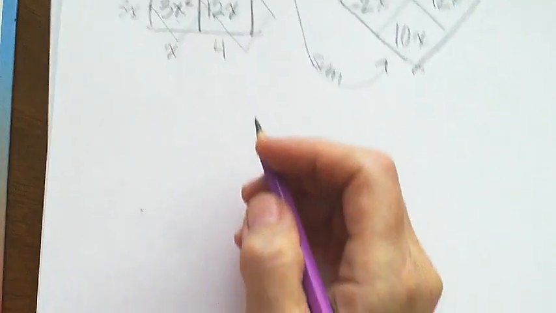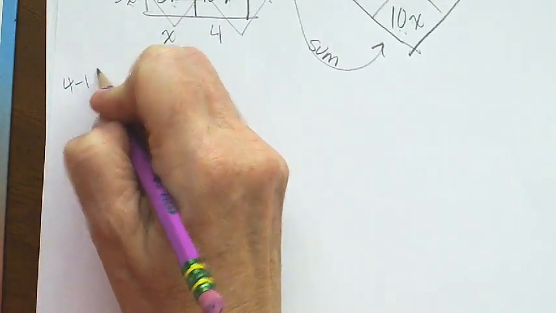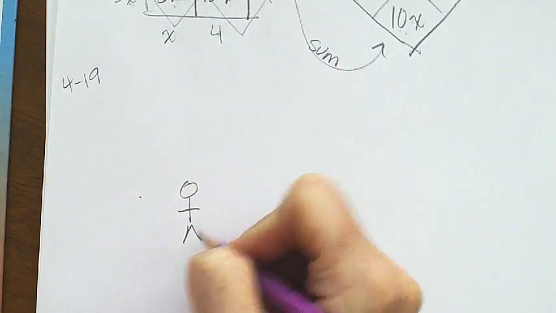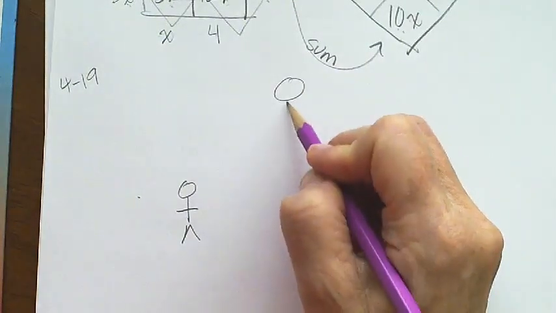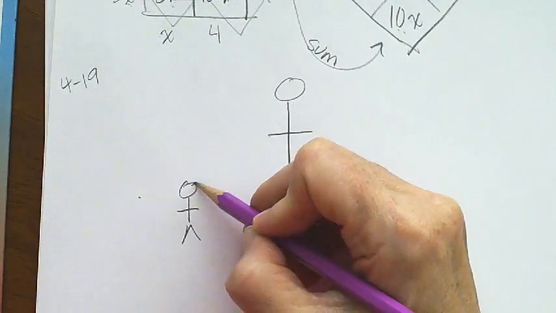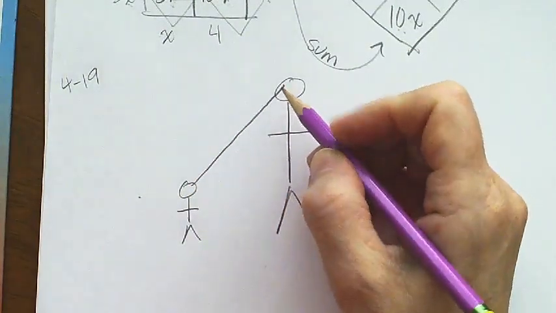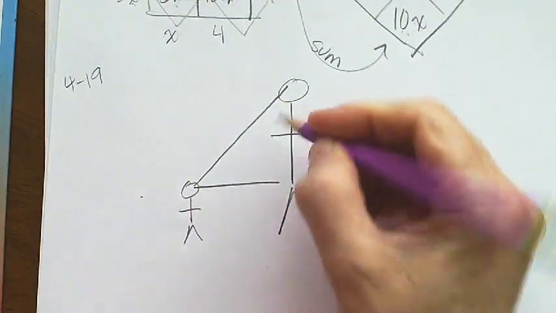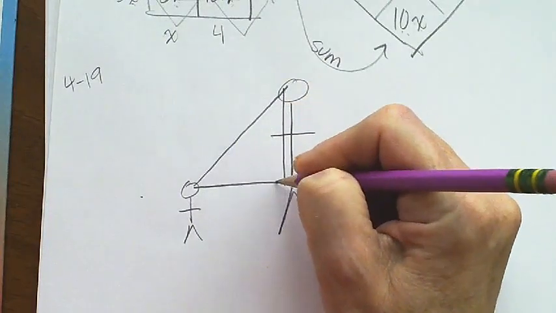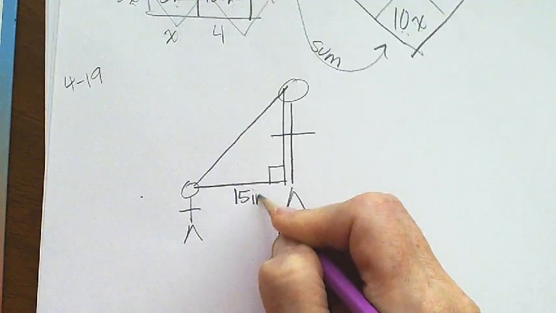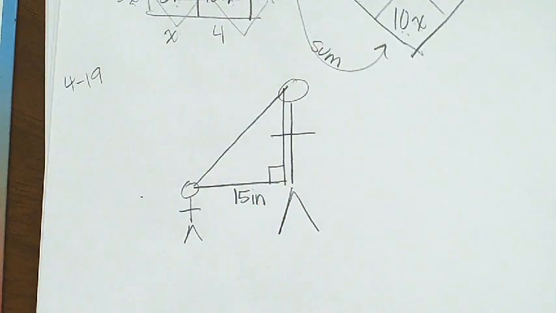So here's Mary. And here is her father. So she's looking into his eyes, and she's 15 inches away. So draw the triangle. We know that this distance is 15 inches.